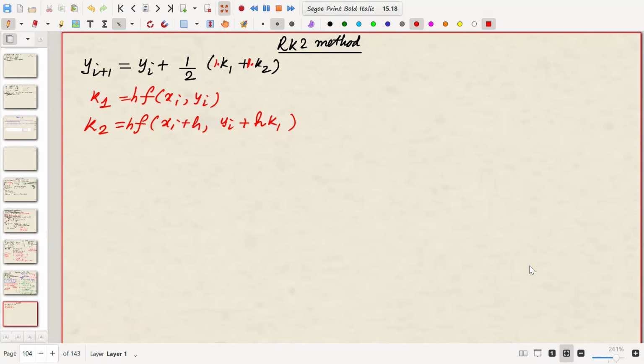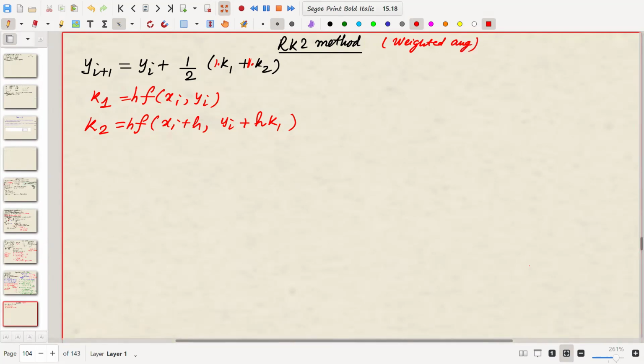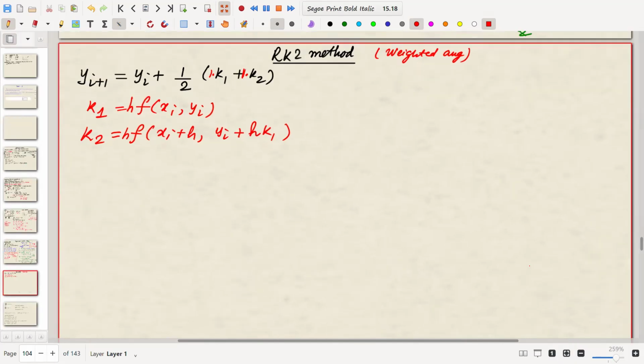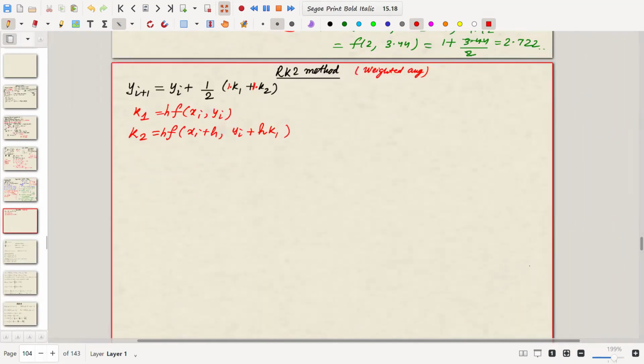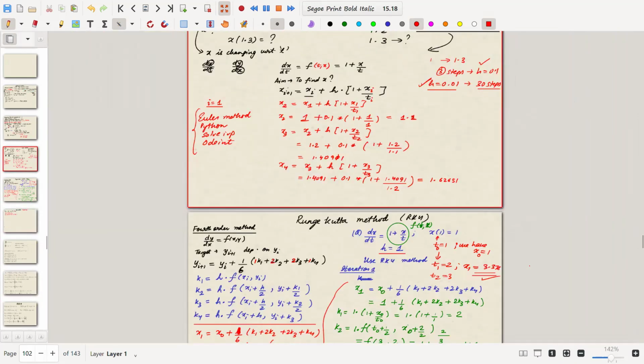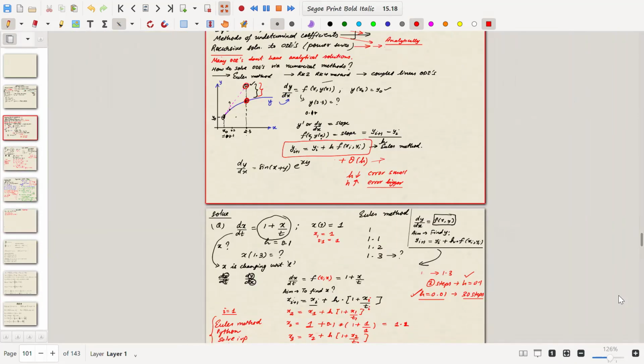I suggest you write the RK2 method and the RK4 method side by side and see what pattern you get. It is following the method of weighted averages. Now can you solve this using the RK2 method? Try to solve the same problem using the RK2 method.